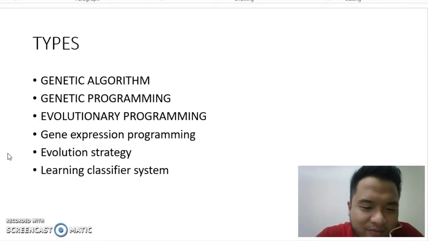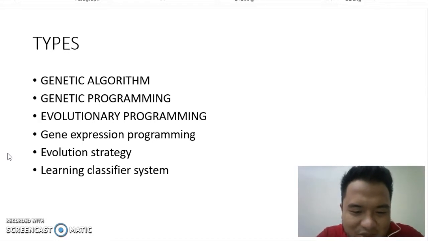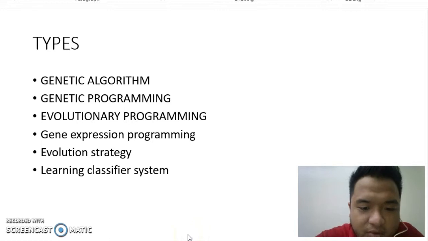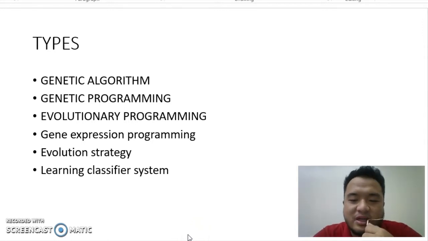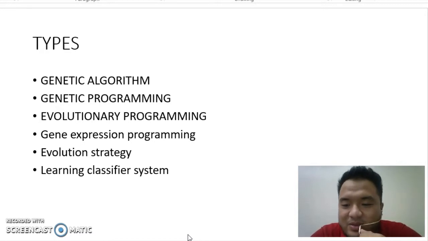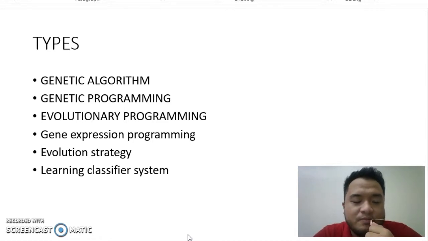It represents the solutions of the problem in the form of strings of numbers, traditionally binary, although the best representations are usually those that reflect something about the problem being solved.